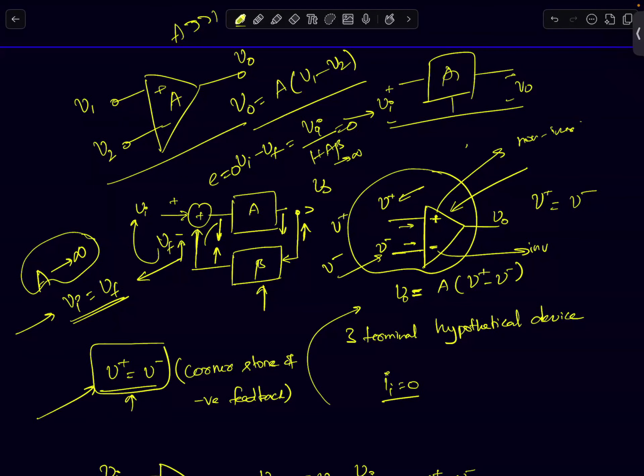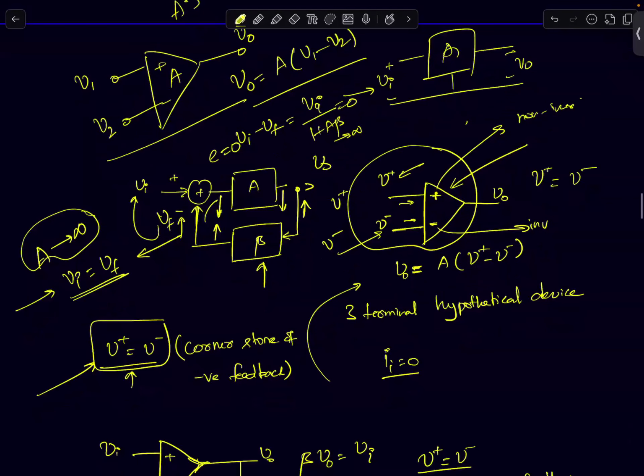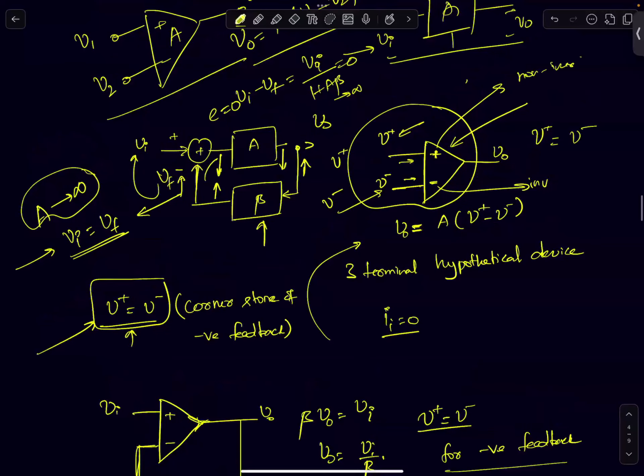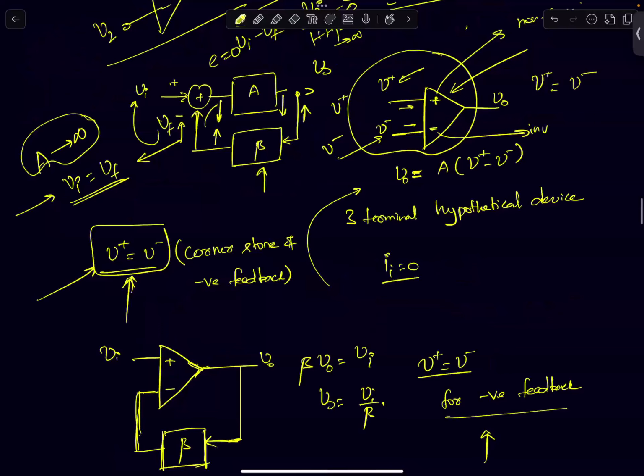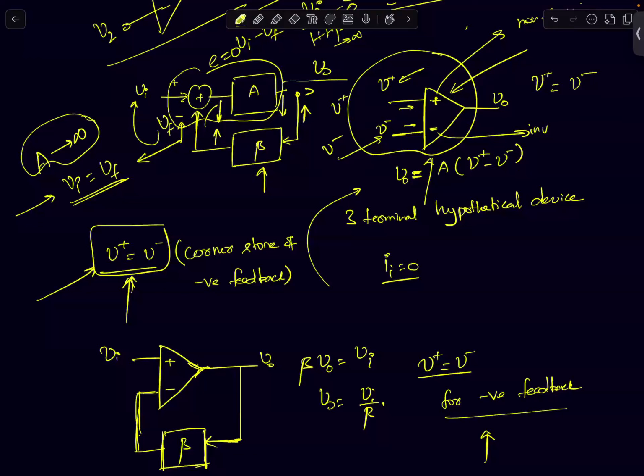That's why I'm taking some time to stress this. This result, the inverting and non-inverting terminals of the opamp, of this 3-terminal high gain amplifier, I'm using the word opamp from now onwards, will become equal. So afterwards, instead of showing this summation and this gain amplifier, I'm just going to show this as a 3-terminal amplifier structure.